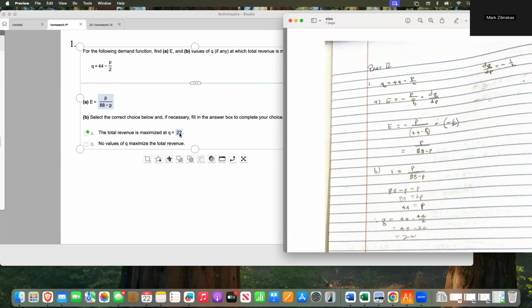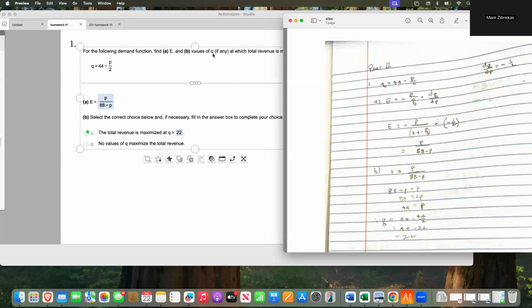I know I went over that relatively quickly, since it jumps around, going back to equations and substituting in. Obviously use the pause and replay to make sense of it. Summarizing, for the first part I'm computing dq/dp using implicit differentiation, getting an equation in terms of P. Then I want to find the value of P that makes E equal to 1, using some basic algebra, and I get P equal to 44.